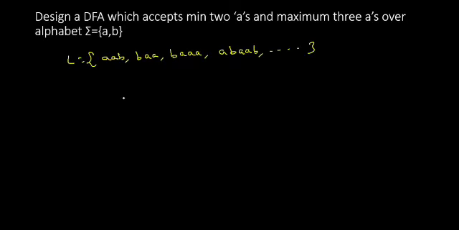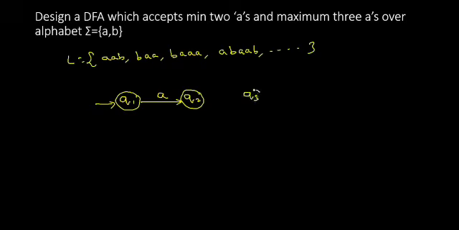Now what is the way of doing that? We will have an initial state called Q1. So Q1 tends to Q2. When I apply the first A, I should move from Q1 to Q2. When I apply the second A, it should definitely get accepted, since minimum 2 A's has to be accepted.